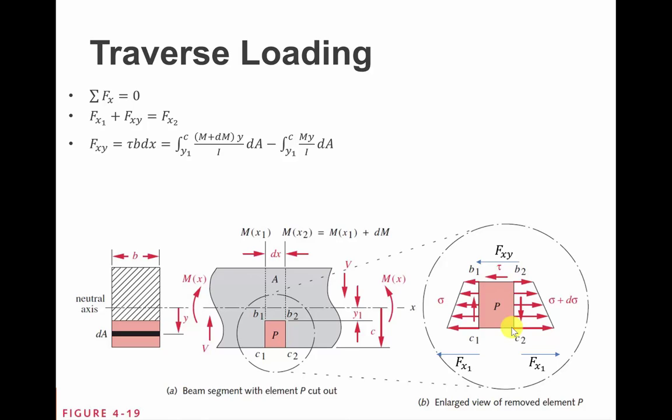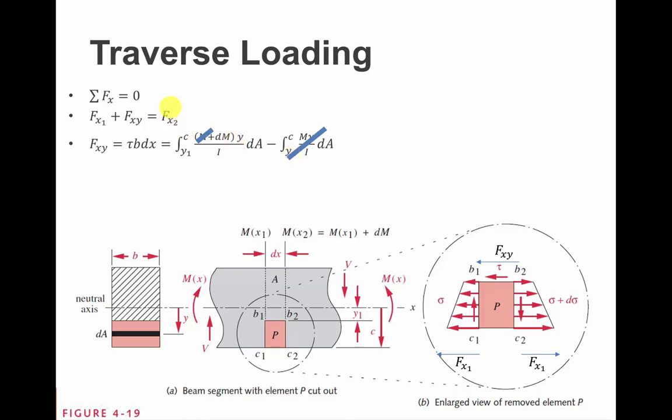Taking a look at that, now plugging in what we just solved for last time, there's the definition of Fxy. We subtracted Fx1 from both sides of the equation, so there's the Fx1 term, and there's the Fx2 term. If you notice, they both have a My over I integrating from y1 to c, so we can cancel those terms out.